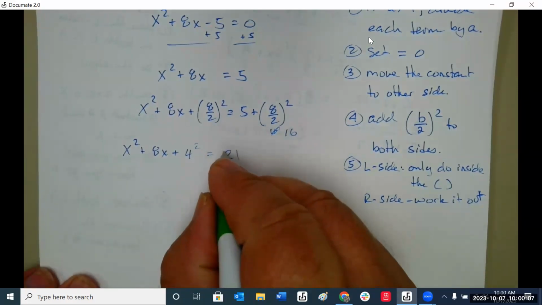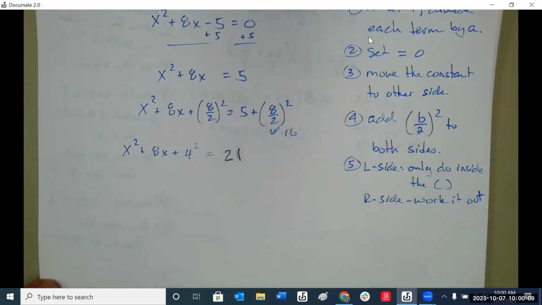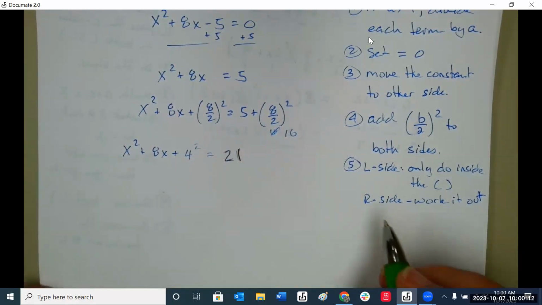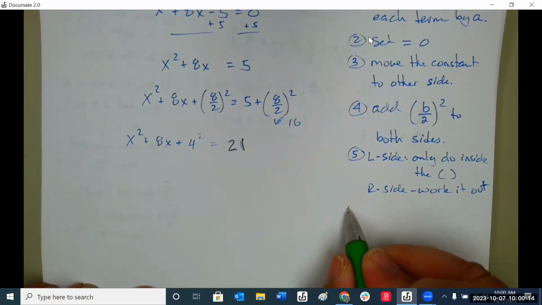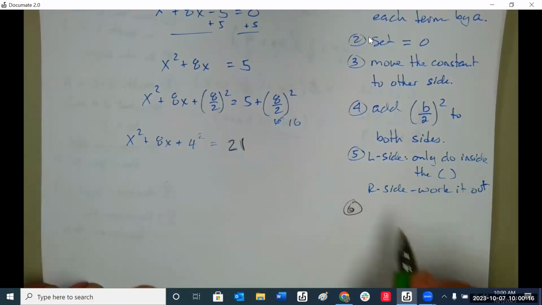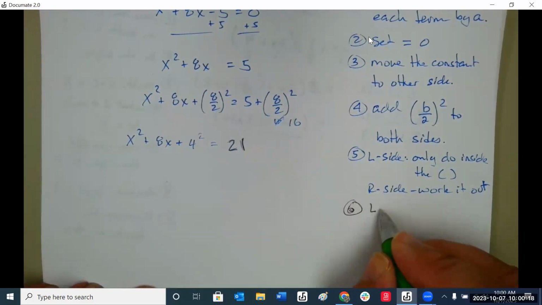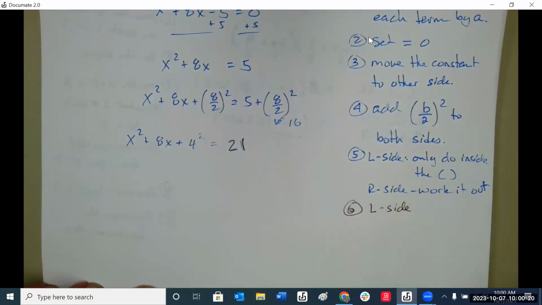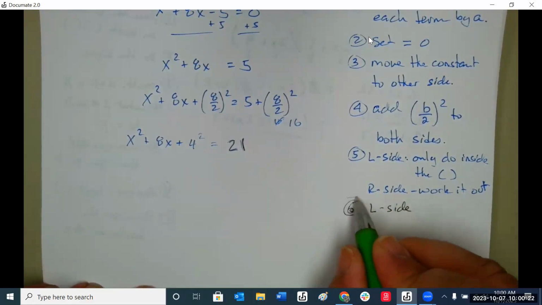So far, so good. On the left side, this is where you complete the square.